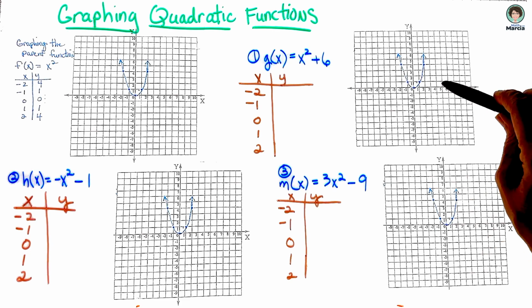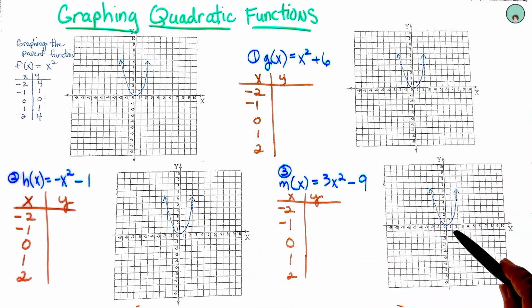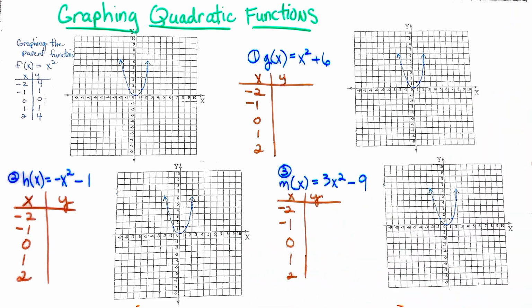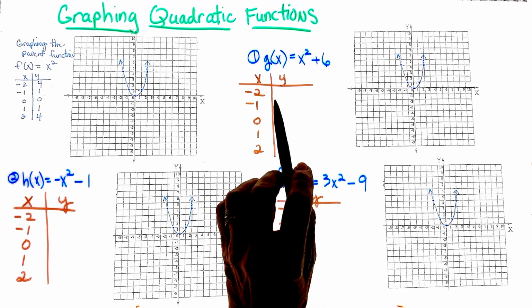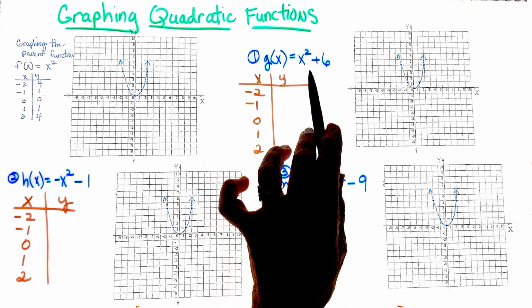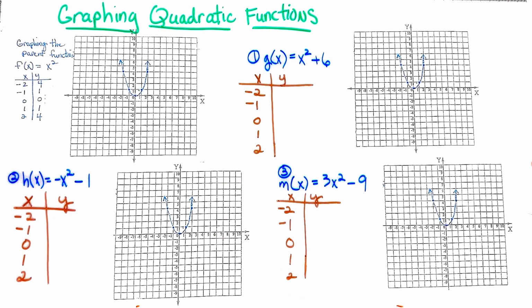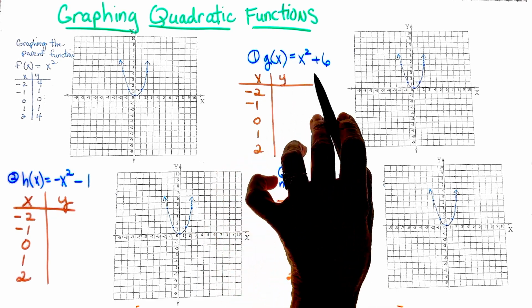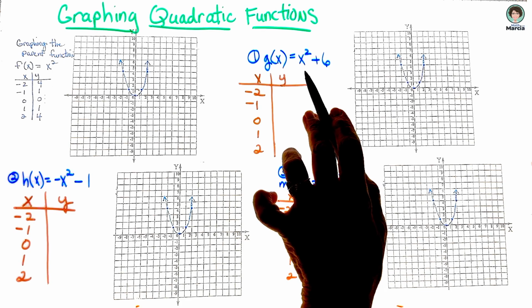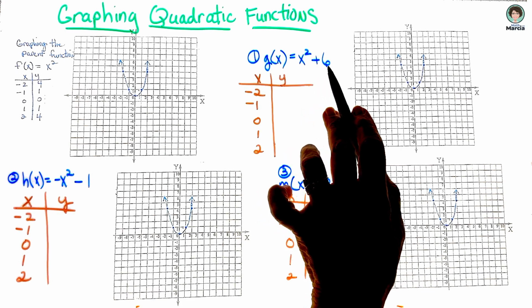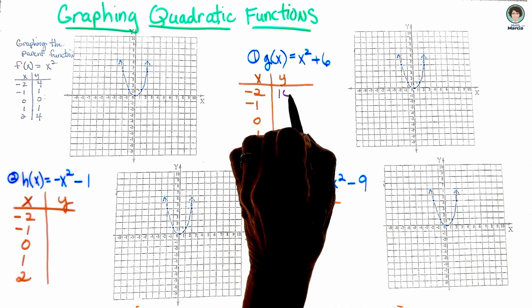On each one of my graphs, I already have the parent function there. But we will definitely be graphing the function that is given to us. So for number 1, we have g of x is equal to x squared plus 6. When I put a -2 into this equation, -2 times -2 is a positive 4, plus 6 is 10.